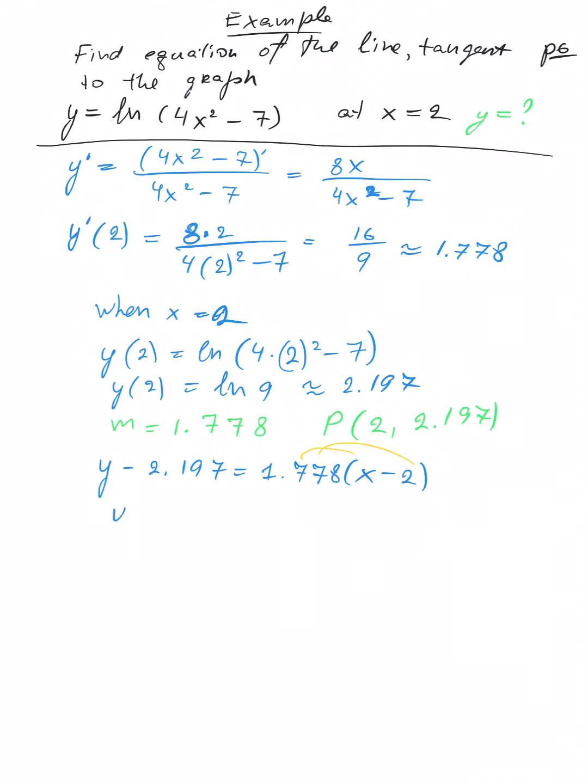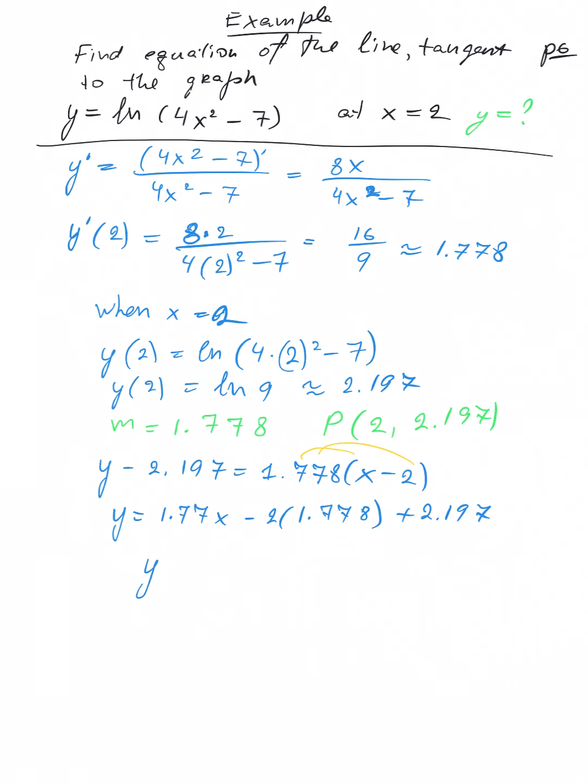So y is equal to 1.778x minus 2 times 1.778 and then plus 2.197.